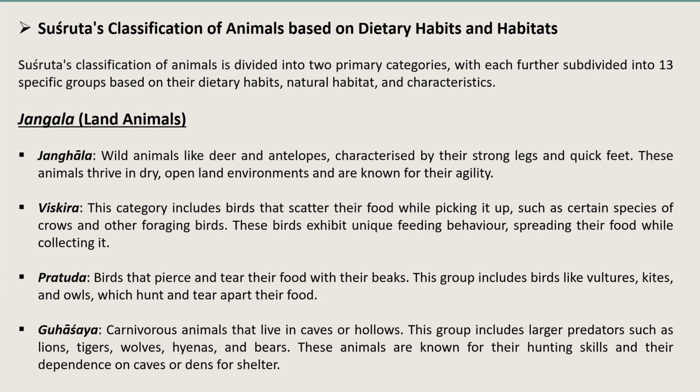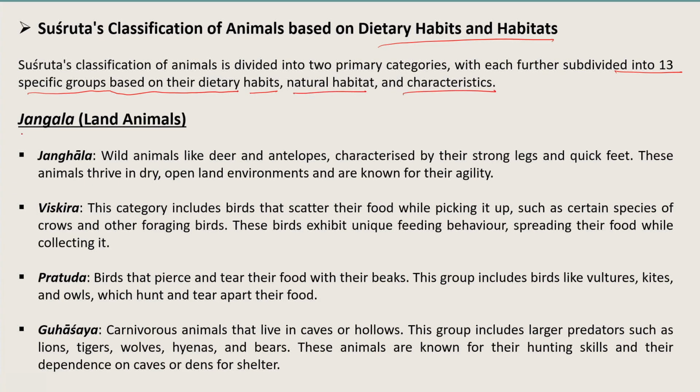Sushrut classification of animals based on dietary habits and habitat. Sushrut's classification of animals is divided into 2 primary categories, with each further subdivided into 13 species specific groups based on their dietary habits, natural habitat and characteristics.